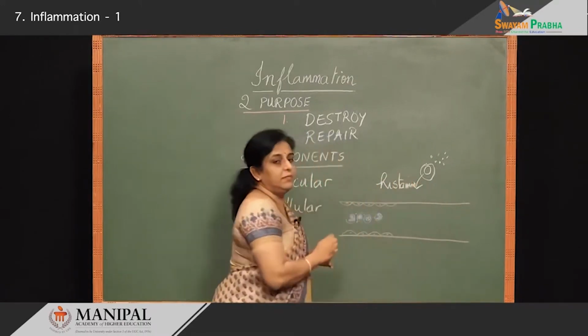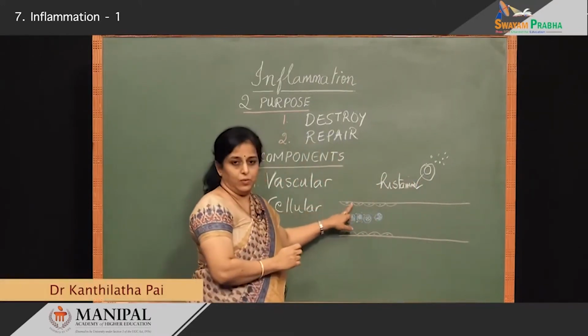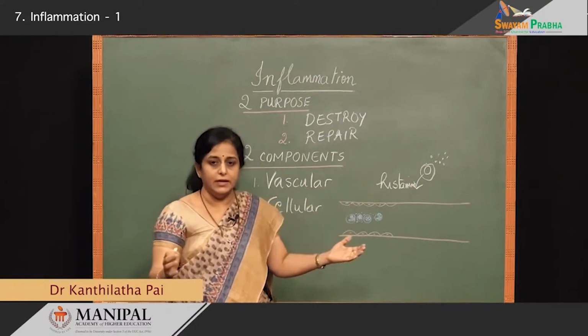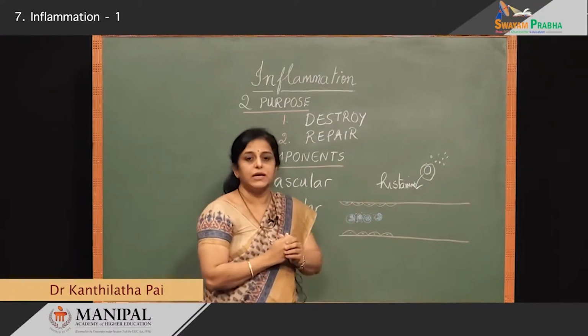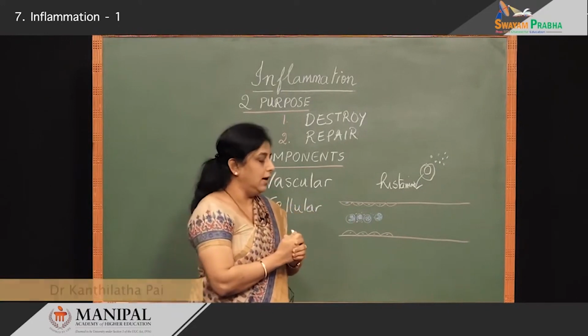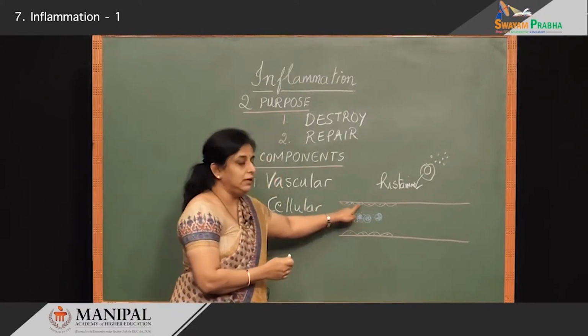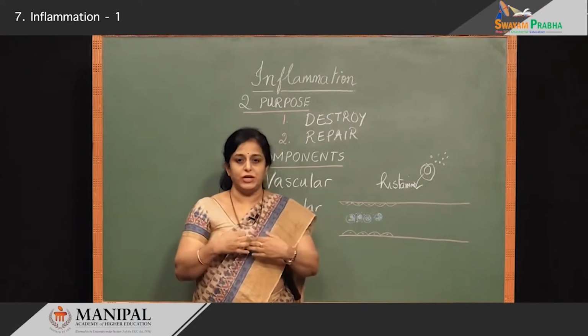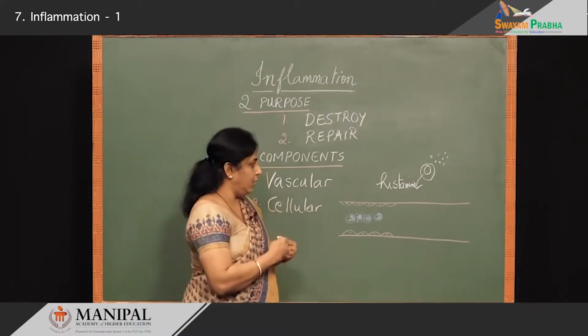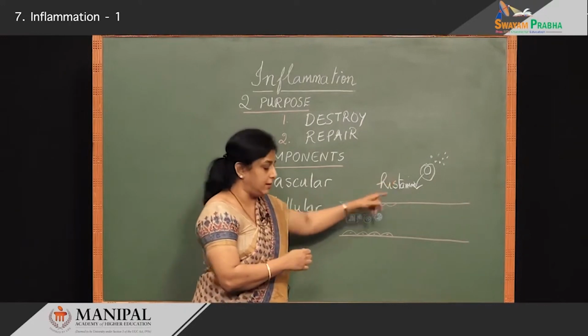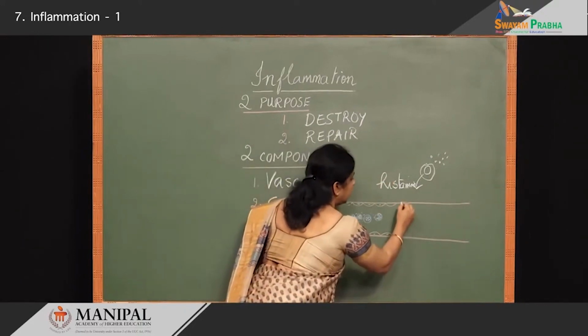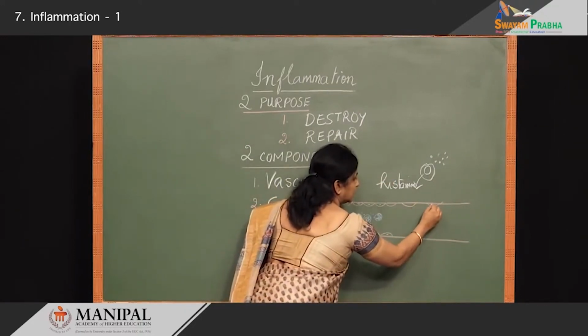Now, what does the histamine do? Histamine acts on the blood vessels. It causes vasodilatation and it also causes increased vascular permeability. Now, what do you mean by increased vascular permeability? Normally, the endothelial cells are very closely opposed to each other. There is no gap between the endothelial cells. Now, this histamine causes increased gap between the endothelial cells, right?